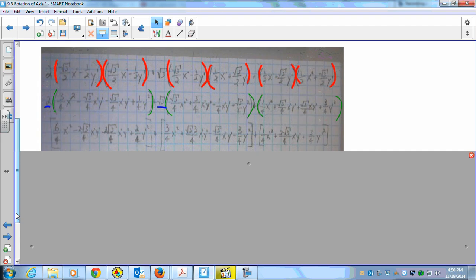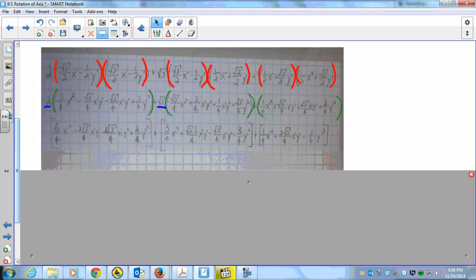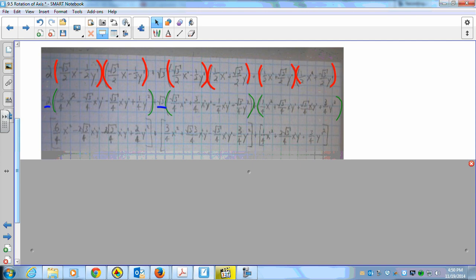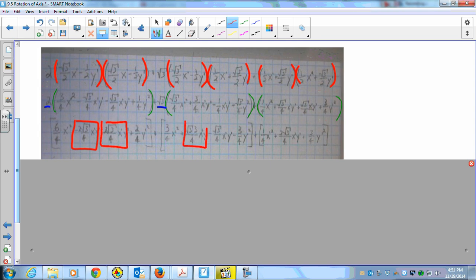Next, what we've got to do is group like terms together. So I went ahead and said, all right, remember, my goal is to really get rid of all my xy terms because we don't know how to complete squares and deal with conics with xy terms. So I first looked at my xy term here, my xy term here, my xy term here, my xy term here, and my xy term here.